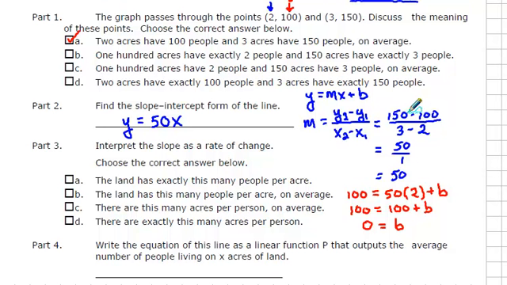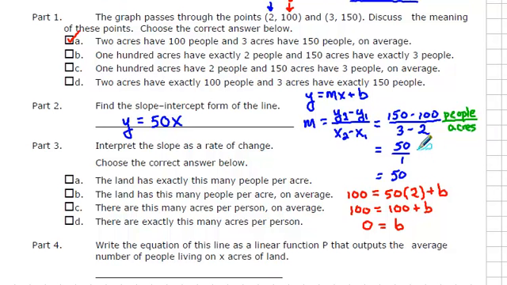And so 150 people minus 100 people. So we have people as the unit of measurement for the numerator. And then divided by 3 minus 2. Well, 3 and 2 represented numbers of acres, so we're dividing people by acres.